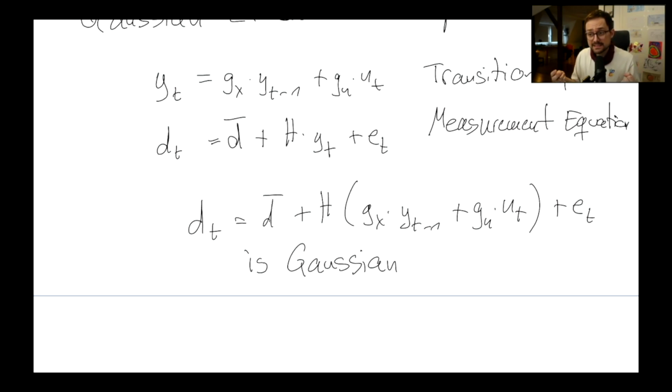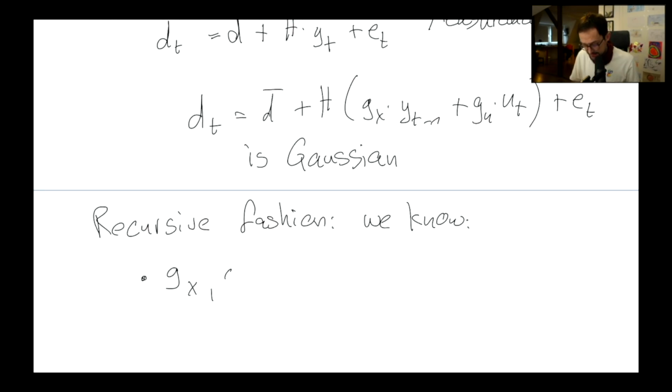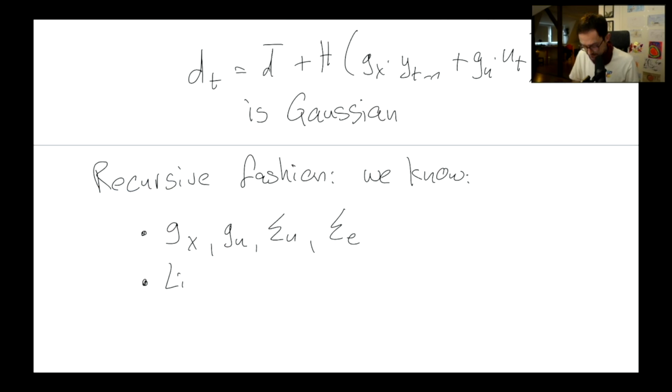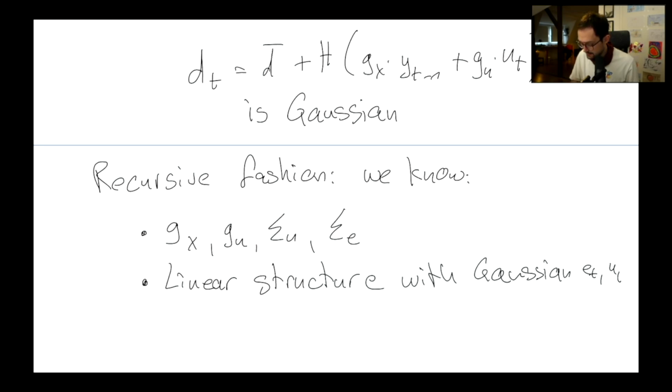Okay, so it provides estimates for the mean and the covariance matrix of the unobserved variables yt. If we have that, we can use that to compute then the likelihood. And the Kalman filter backs out these estimates from observed data, and it does so in a recursive fashion. We know Gx, Gu, sigma u, and sigma e, and the linear structure with Gaussian et and ut.